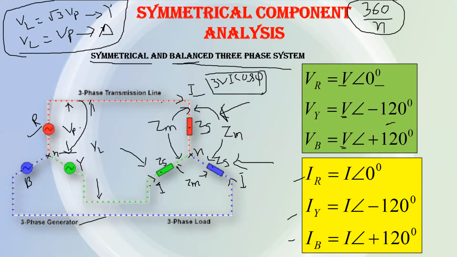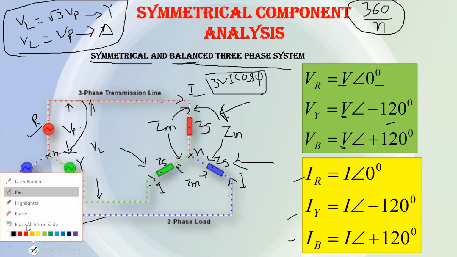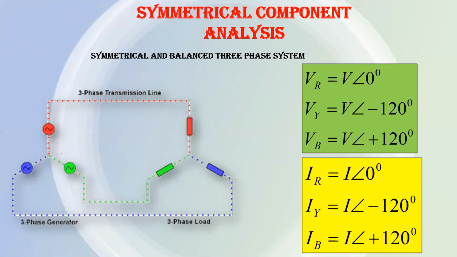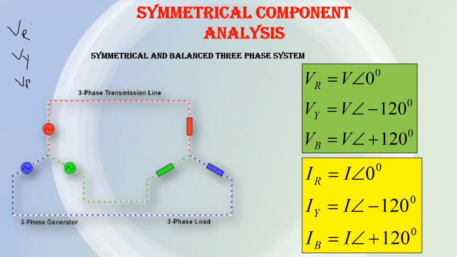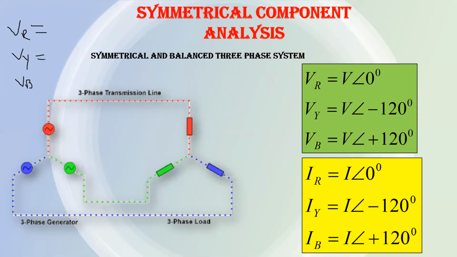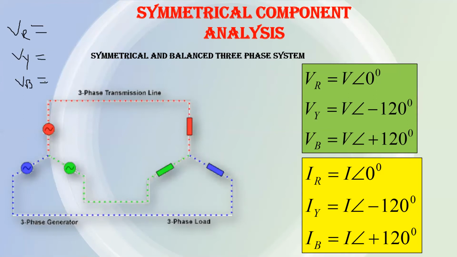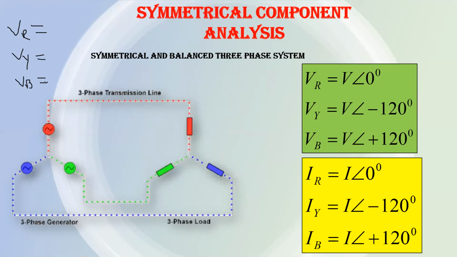So first, let us understand what is the meaning of unbalanced supply. Unbalanced supply means phase voltage magnitudes will differ from one another. Suppose a generator supplies three-phase power to the load.